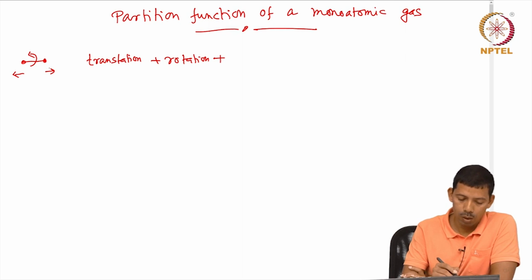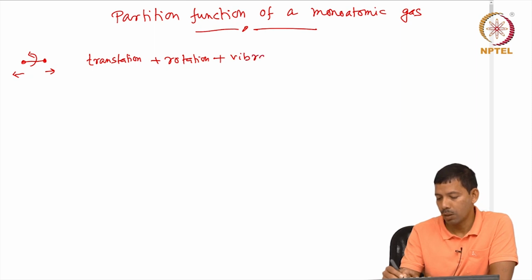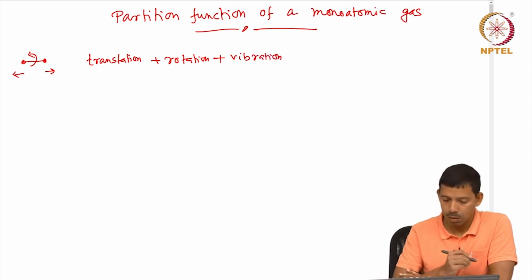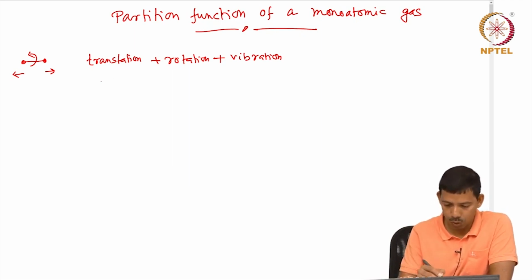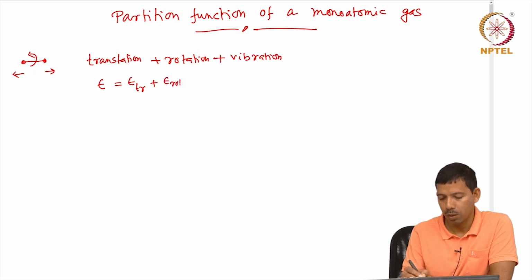The molecule will stretch and compress, so you also have a vibrational motion of the molecule. Therefore, your total energy would be E translational plus E rotational plus E vibrational, and correspondingly your total partition function would be Q translational times Q rotational times Q vibrational.